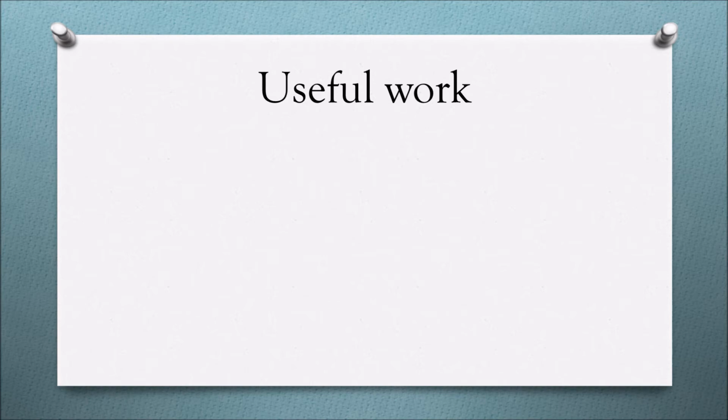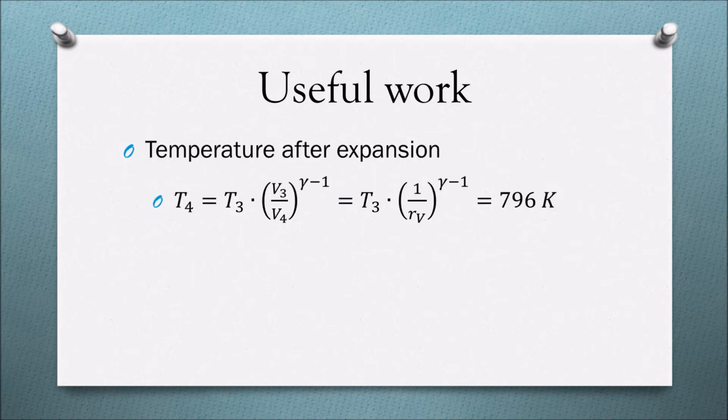Its temperature can be calculated by using the formula for the isentropic state change, just like we did in case of the compression. The temperature of state number 4 can be calculated by the help of the temperature at state number 3 and the compression ratio. Be careful with the indices, but basically we use the same formula as before. The result is 796 kelvins.